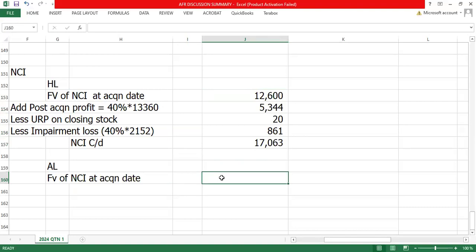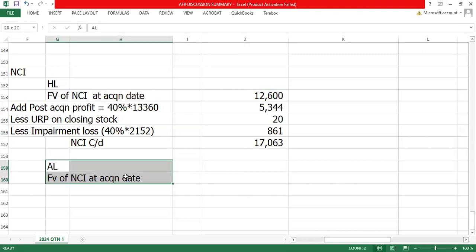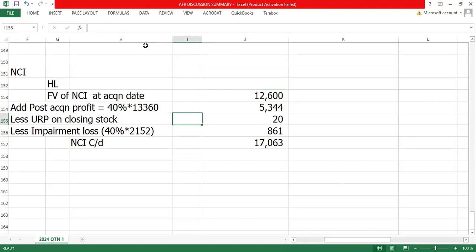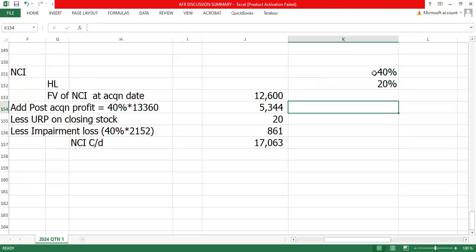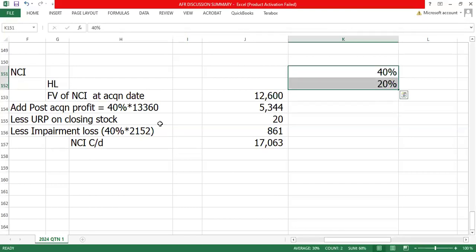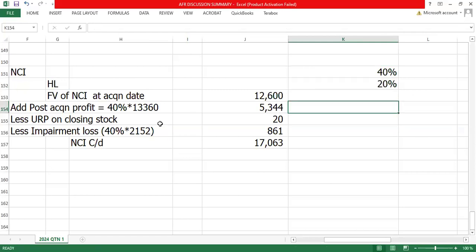Okay. Before we continue, I have remembered something. Remember initially the NCI was 40, isn't it? Yes. But now NCI is 20. So that one will have an impact on what you're doing.